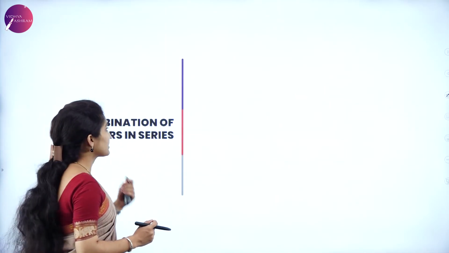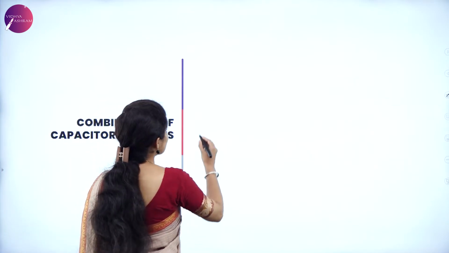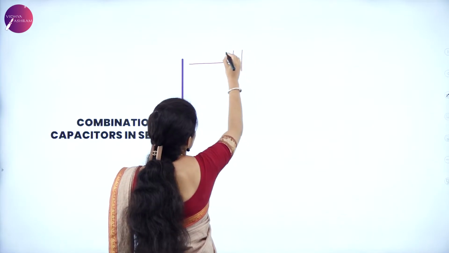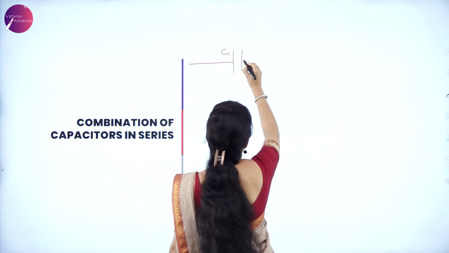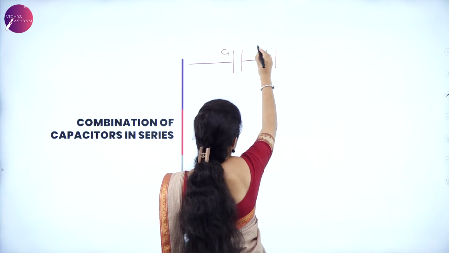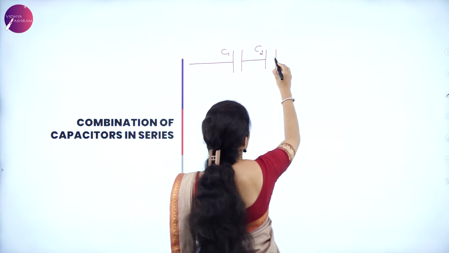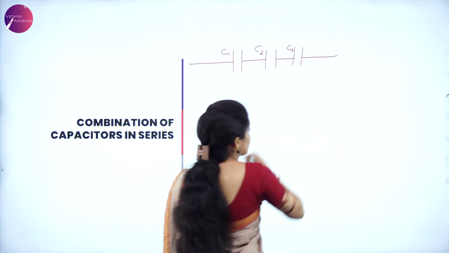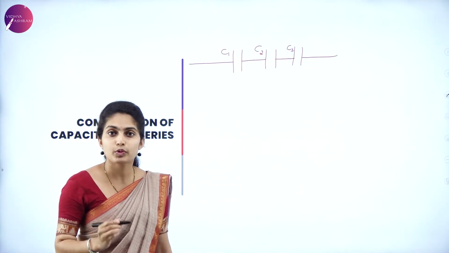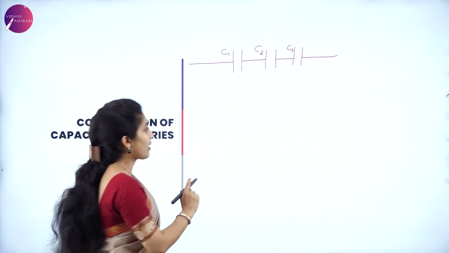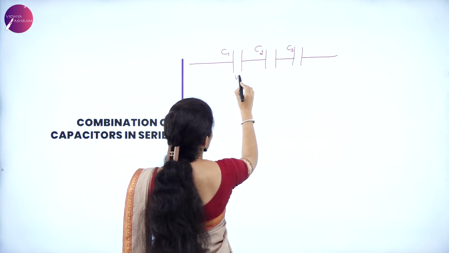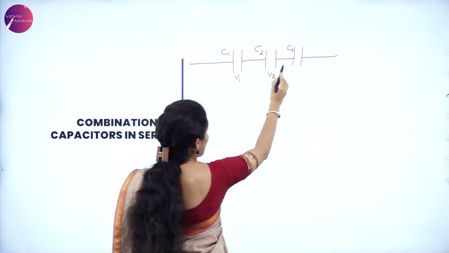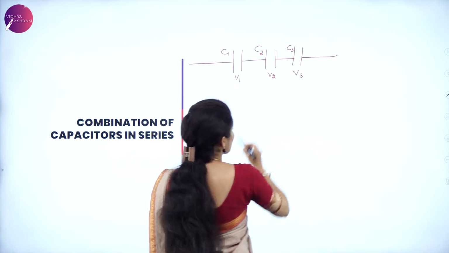Combination of capacitors in series, that means consider the capacitor C1 connected to the second capacitor C2, which is connected to the third capacitor C3. The potential difference across the first capacitor is V1, here the potential difference is V2 and here the potential difference is V3.